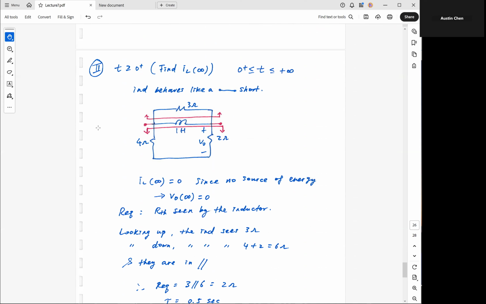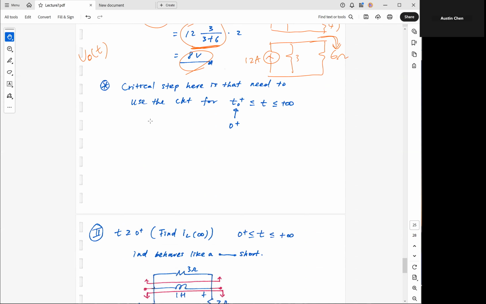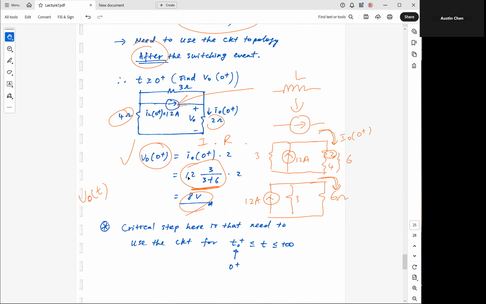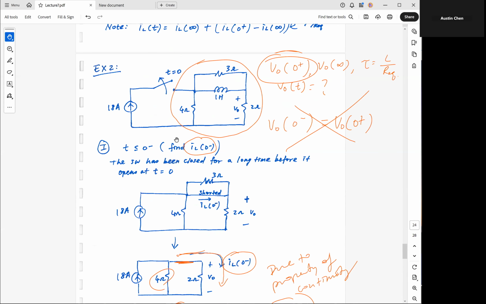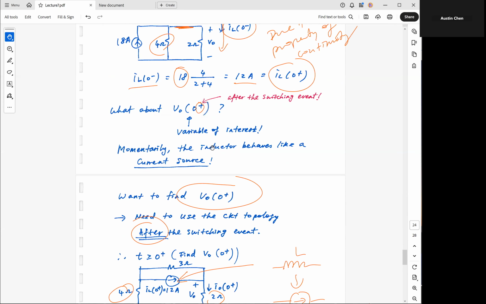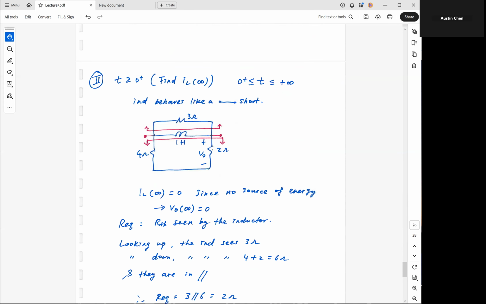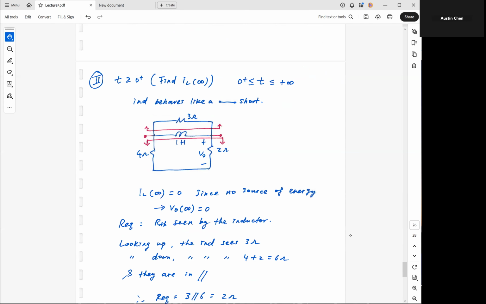After the switching event, we look at this part of the circuit, copy and paste. Take this and move it down here.